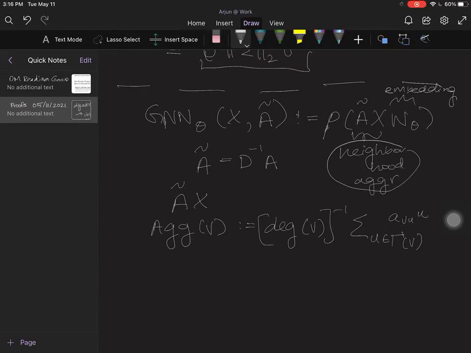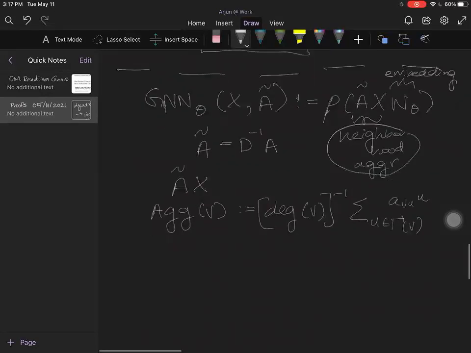And I want to emphasize here that both the degree and the summing are weighted. So it takes into account the weights within the adjacency matrix, because we didn't assume a binary adjacency matrix. We assumed non-negative real values.